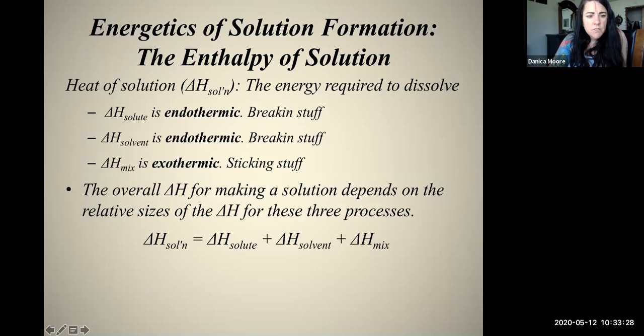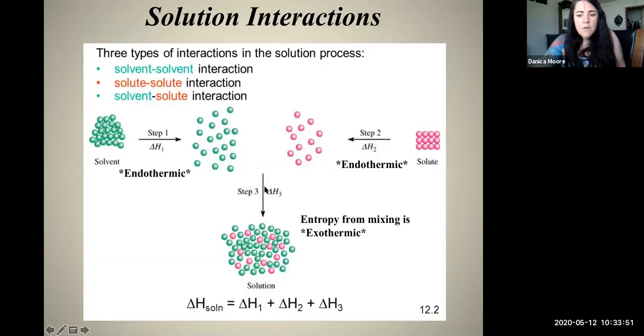Okay, so this is just a summary of what we were just talking about. The delta H of solution: energy is required to dissolve. The solute breaking up is endothermic, we're breaking stuff. Solvent breaking apart is endothermic as well. And then the delta H of mixing is that third step, and that's exothermic. So here's that picture again. We have an endothermic step and an exothermic step.